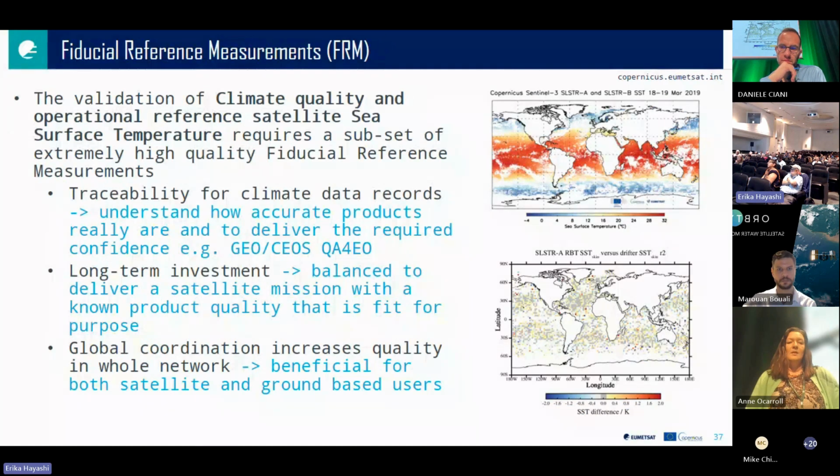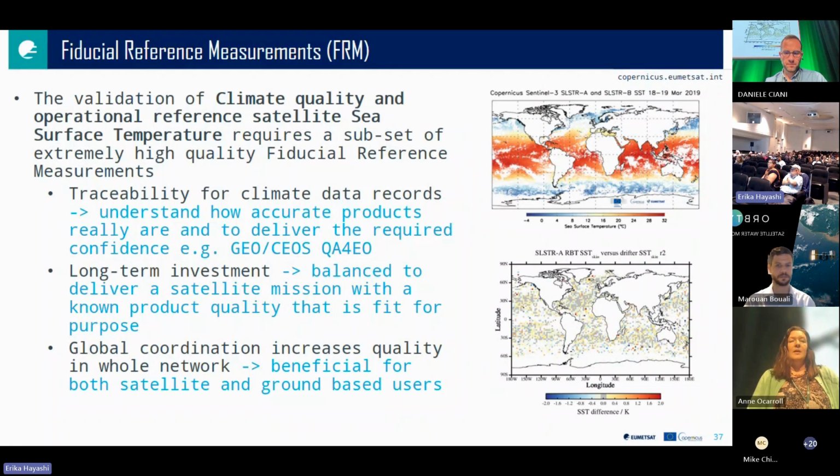A little bit now on the definition of fiducial reference measurements. Climate quality and operational reference satellite sea surface temperature requires a subset of extremely high quality fiducial reference measurements. This means that we have traceability for climate data records so that we can understand how accurate the products really are and deliver the required confidence.